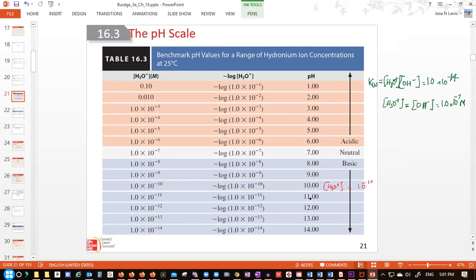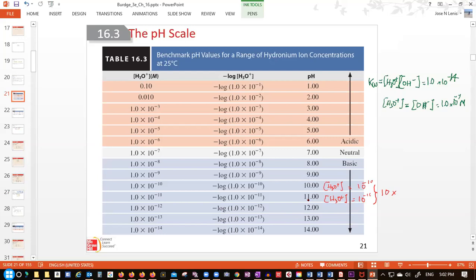And for pH 11, the concentration of H3O plus is 10 to the negative 11. How big is this number compared to this? This is 10 times bigger.